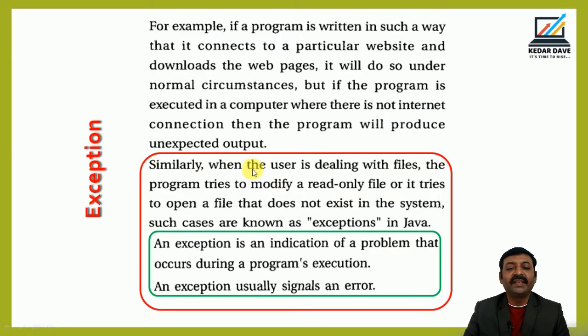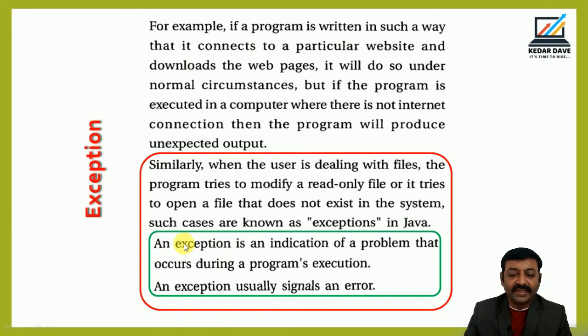Similarly, when the user is dealing with different files, the program tries to modify a read-only file, or it tries to open a file that does not exist in the computer system. Such cases are known as exceptions in Java programming.